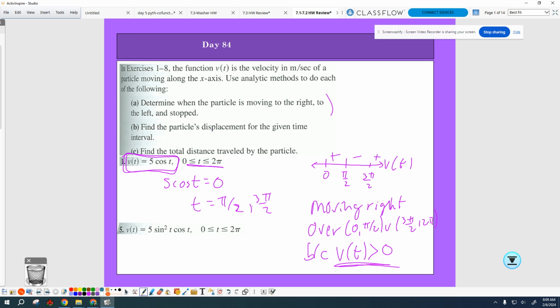How do I find displacement over the time period 0 to 2 pi? Sorry, absolute value would be integral. I want displacement. Is that absolute value or not? That's the key question. I'm sorry, not absolute value. Just integrate.